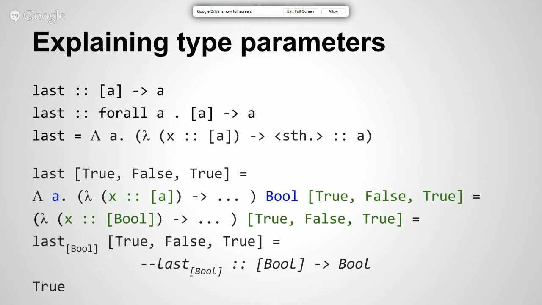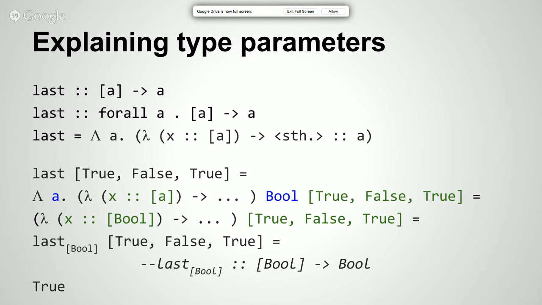I mean, this is not how it's evaluated at runtime, but this is how you can think of it at compile time. It's a function that takes a type, which we bind to A, and it returns a function on lists of A.